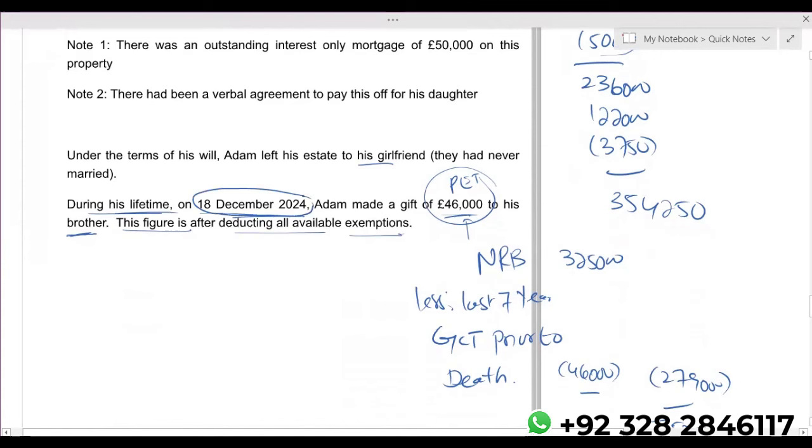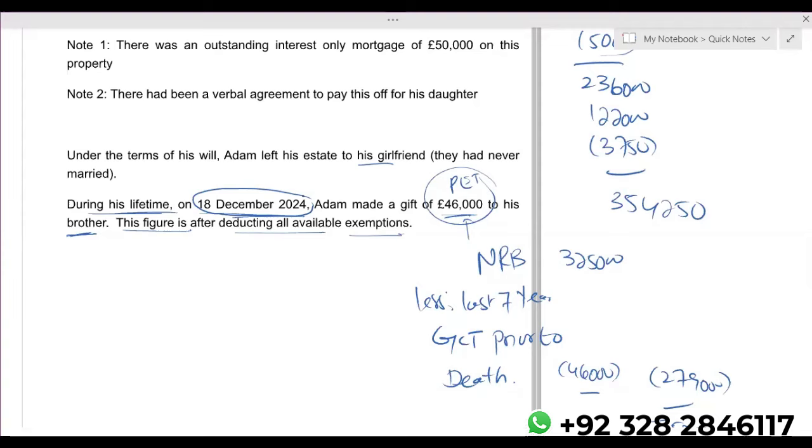If Adam is dead in 2032, then this PET becomes fully exempt, because a potentially exempt transfer becomes exempt if the donor survives at least 7 years after making the PET. So the gift was made in 2024, Adam dies in 2032. It means the PET becomes fully exempt.